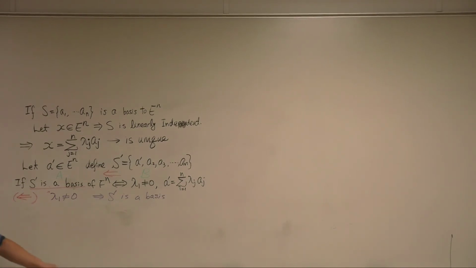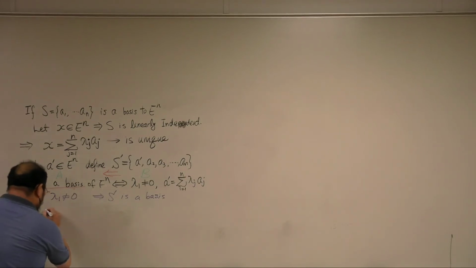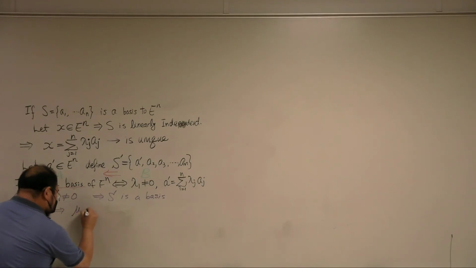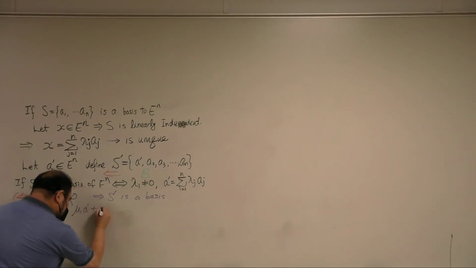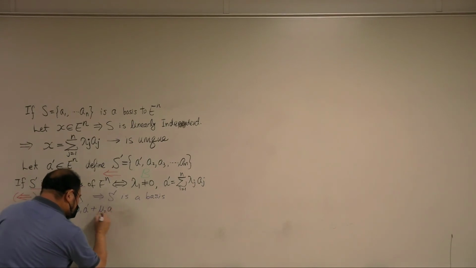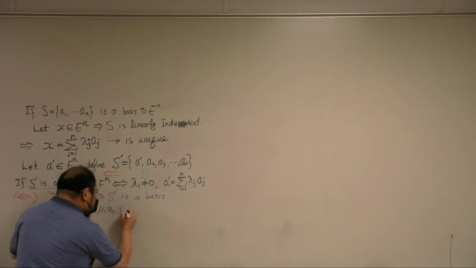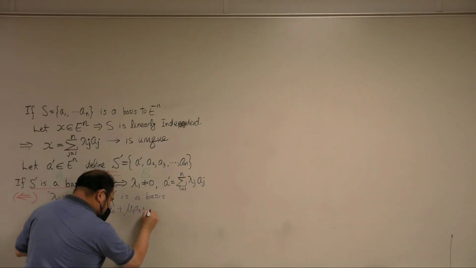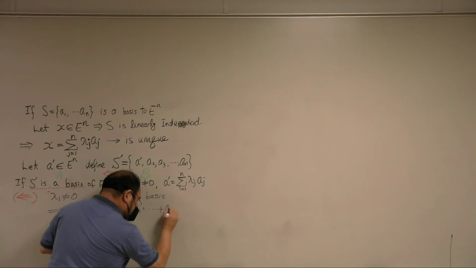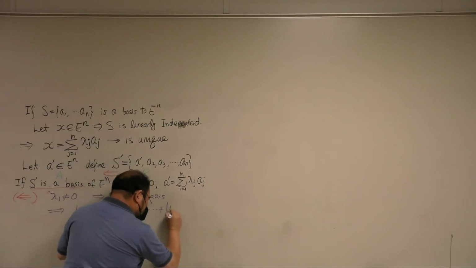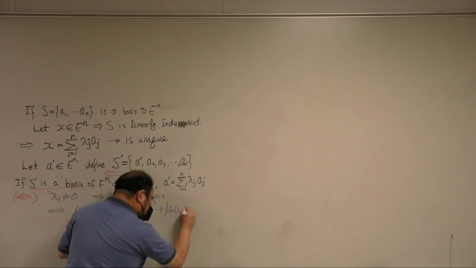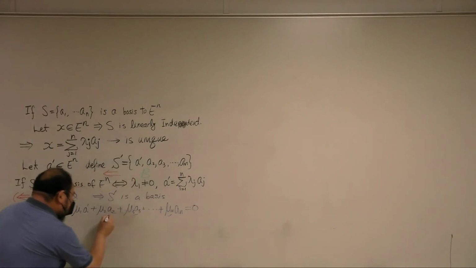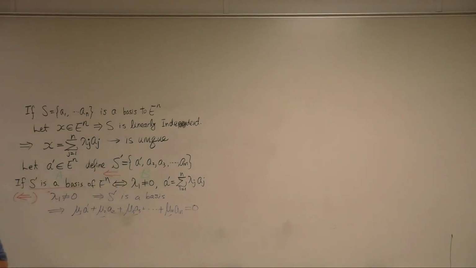So we must show that mu1 times A prime plus mu2 times A2 plus mu3 times A3 plus all the way to mu n times An equals 0, all the mu equal to 0, correct?